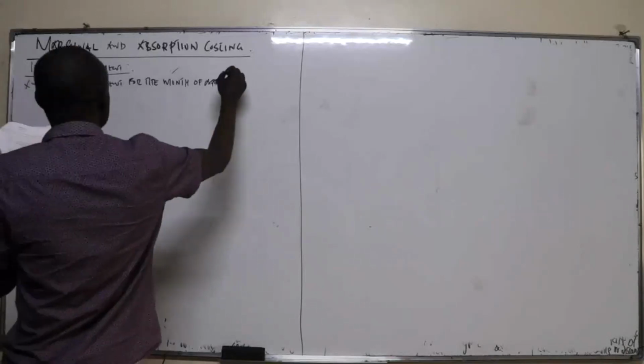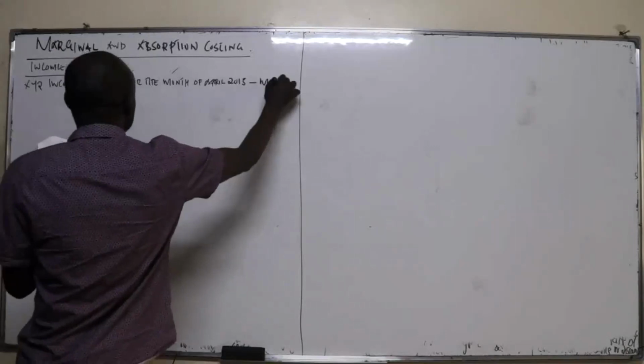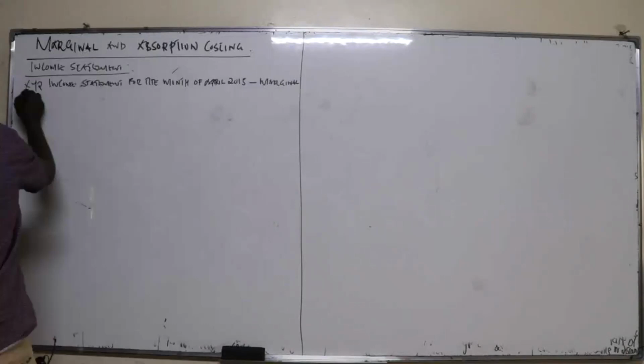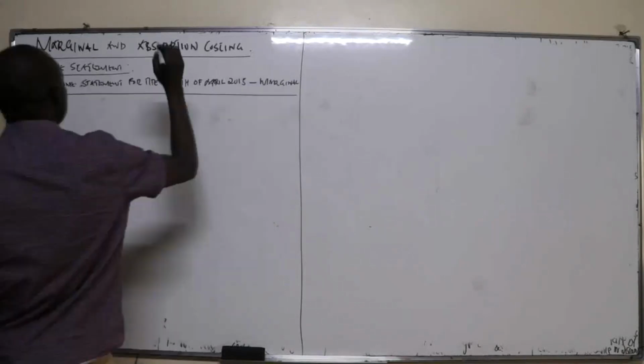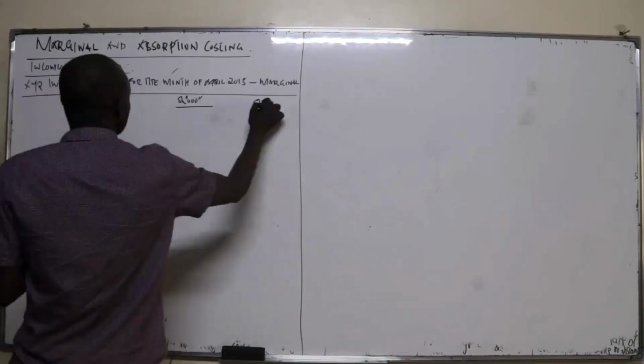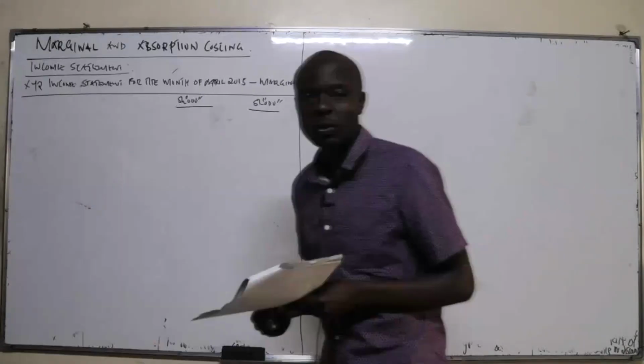Then here you can start with marginal costing. Mark it marginal, so that the examiner can be able to tell. Then here you can write shillings in thousands. So this question will assist us to know the format. So we're going to use the question to lay out the format.